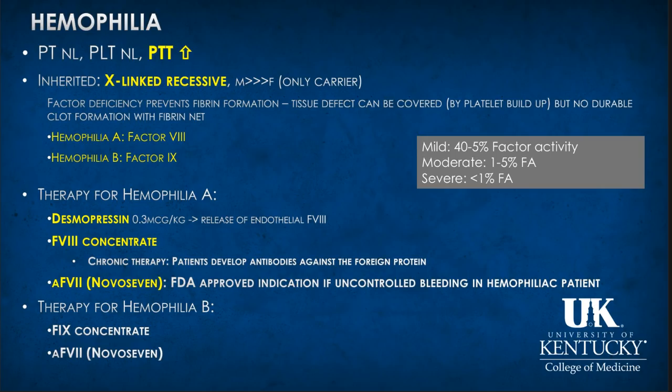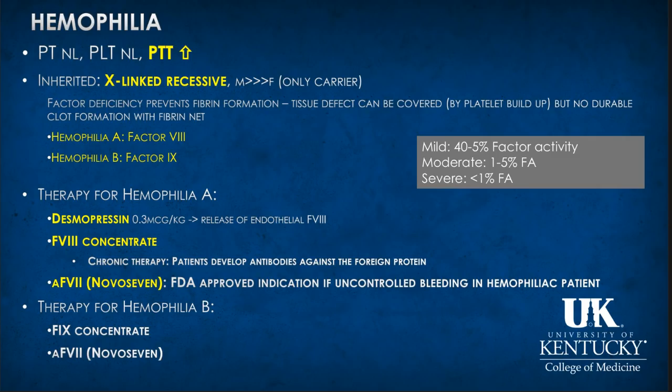females are only carriers. Treatment for hemophilia A, desmopressin, because it releases the endothelial factor 8. If that doesn't work, factor 8 concentrate. NovoSeven, that was actually the first FDA-approved indication for NovoSeven, was uncontrolled bleeding in a hemophiliac patient.